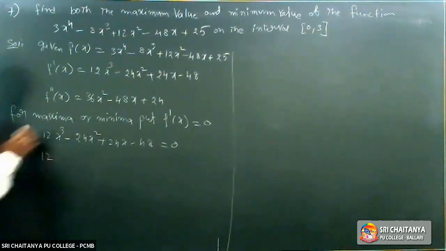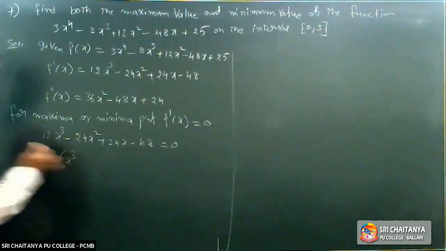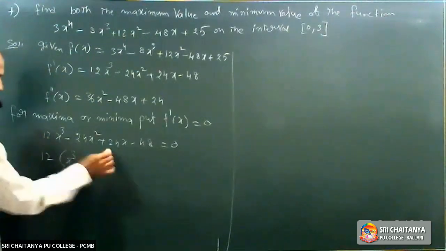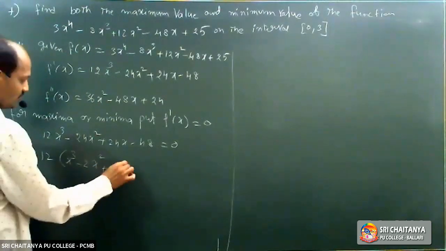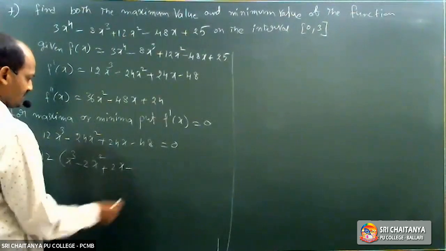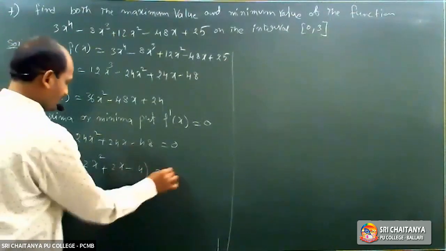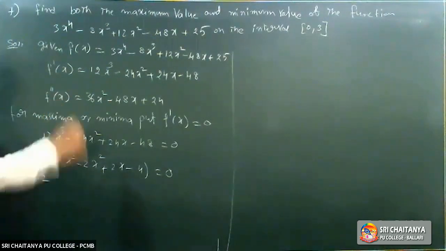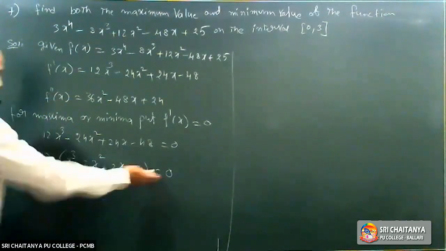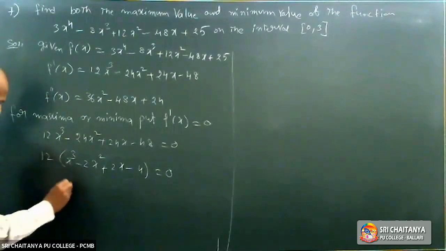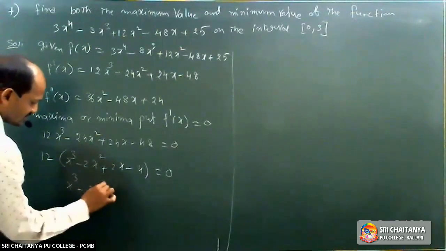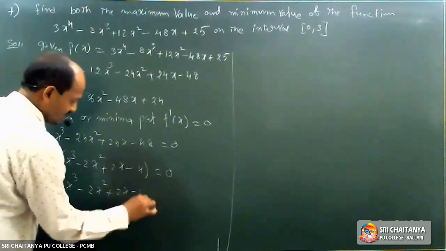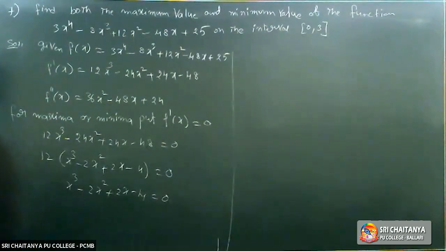Here 12 into x cube minus 2x square plus 2x minus 4 is equal to 0. Dividing by 12, it is x cube minus 2x square plus 2x minus 4 is equal to 0.